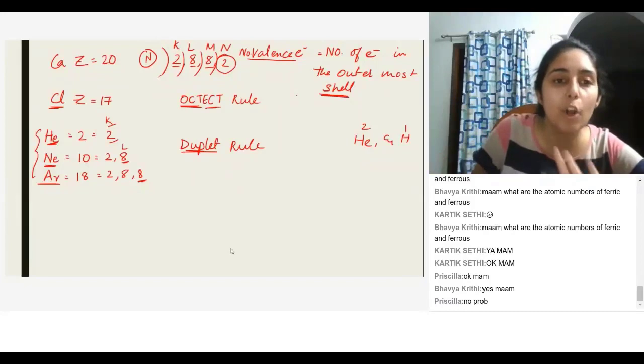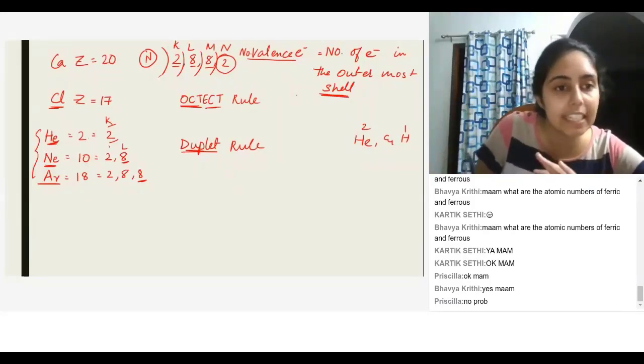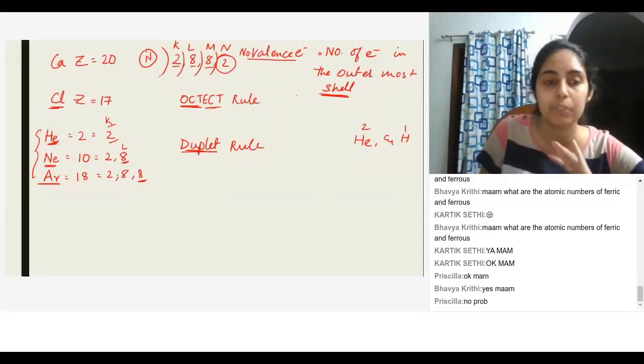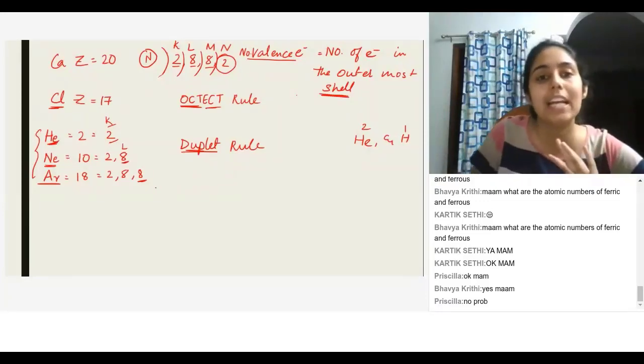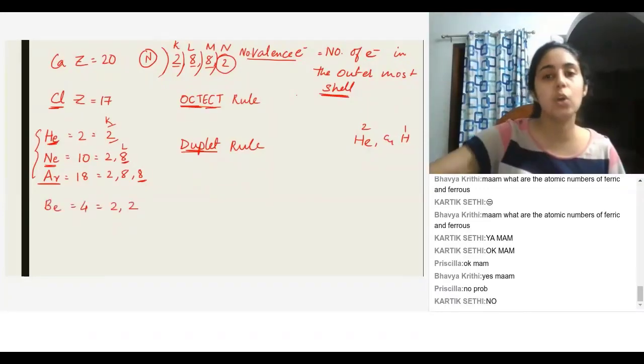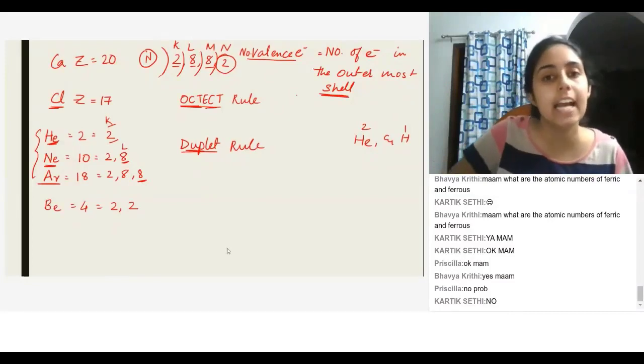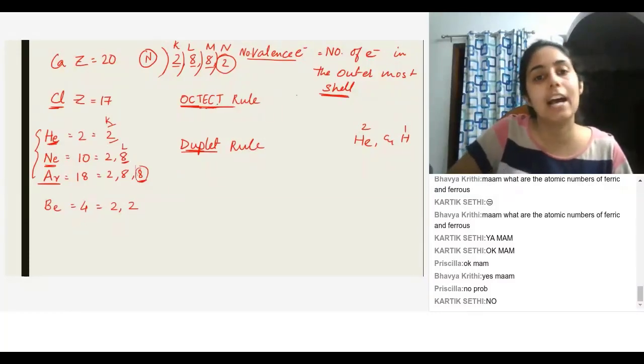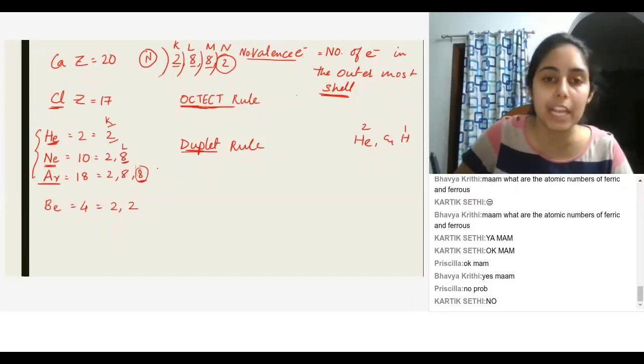So basically, for all the outermost shells of these 3 atoms, you will notice that the outermost shell is full. That is called the octet rule and the duplet rule. The octet rule states that in order for an atom to be stable, it should have 8 electrons in the outermost shell.